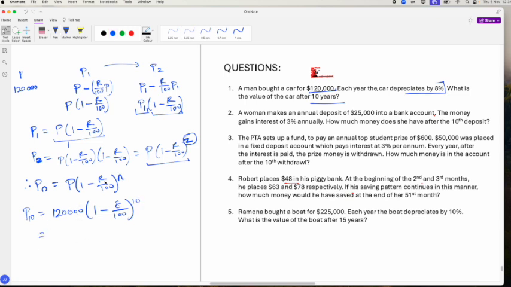And of course, 8% is 0.08. 1 minus 0.08 gives me 0.92 to the power of 10, which is 0.43, multiplied by 121.23 gives us about 52,126.61. And so this is how much the car is going to cost after 10 years.